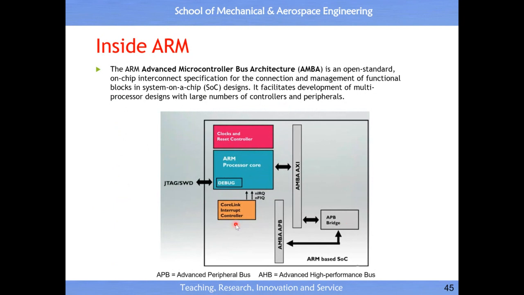Then for the bus, because this follows the Harvard structure, we must have two address buses and two data buses. In this way, we can retrieve instruction and data within a single cycle.